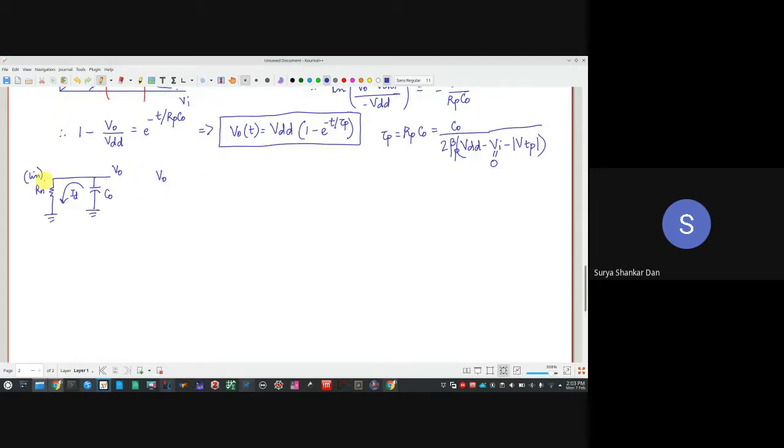Very simple. VO minus 0 by Rn. It is a discharging current, so minus CO dVO by dt. Cool. What will we get from here? So this is the fall time.